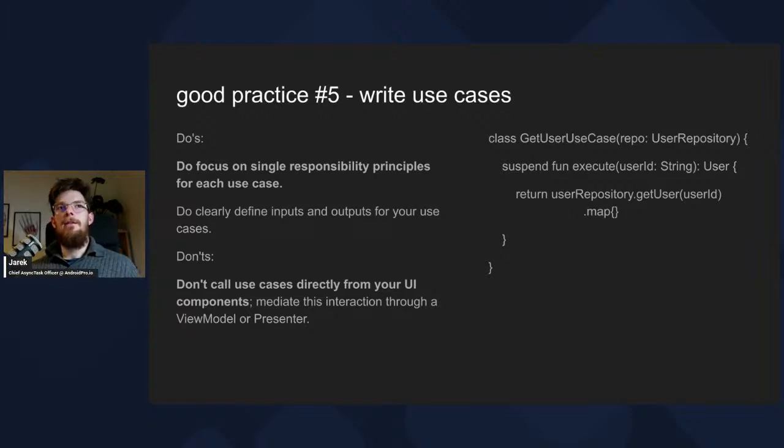Because maybe in the future, in this particular use case, we will add some mapping. Maybe in the future, in this particular use case, we will need to merge data from two different services, from user repository and from some other repository, like orders repository.